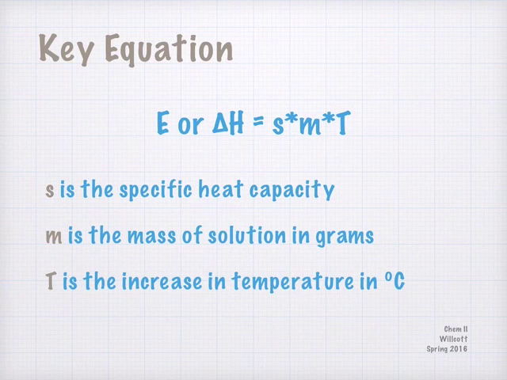What you'll see as you work through this experiment is that the change in heat is going to be the same for both substances. The direction is going to change. In other words, one thing will be cooling while the other is heating. When the materials are different, the specific heat capacity is also going to change, and you may be given it, or you may be calculating it. The mass of the solution is something which you can measure. So this is an equation that we're going to use in an experimental setting, and you're going to be able to measure the solution's mass as well as the change in temperature.